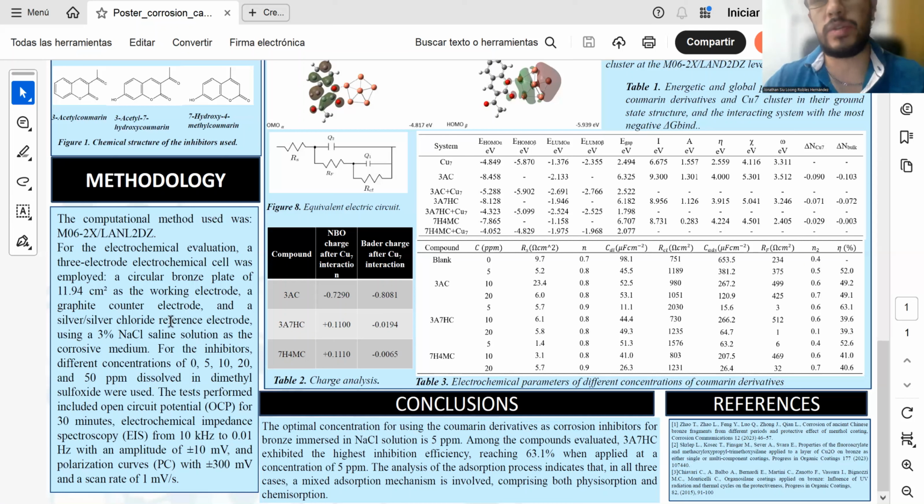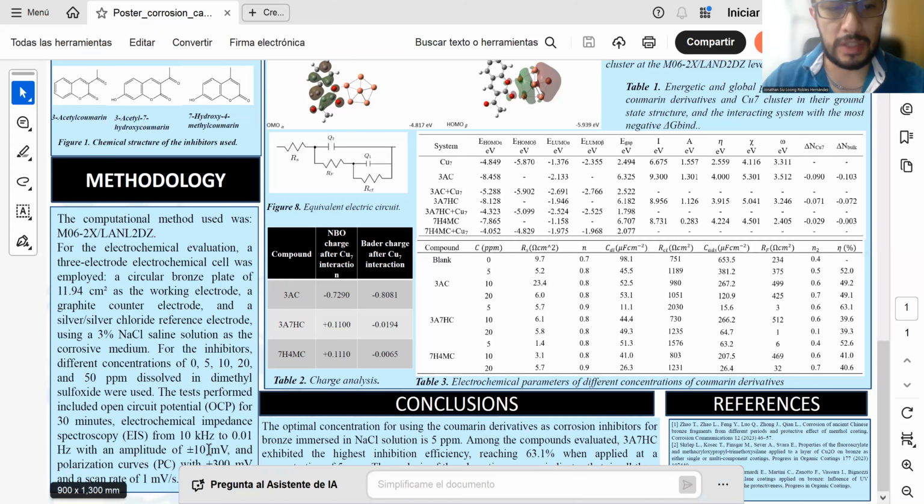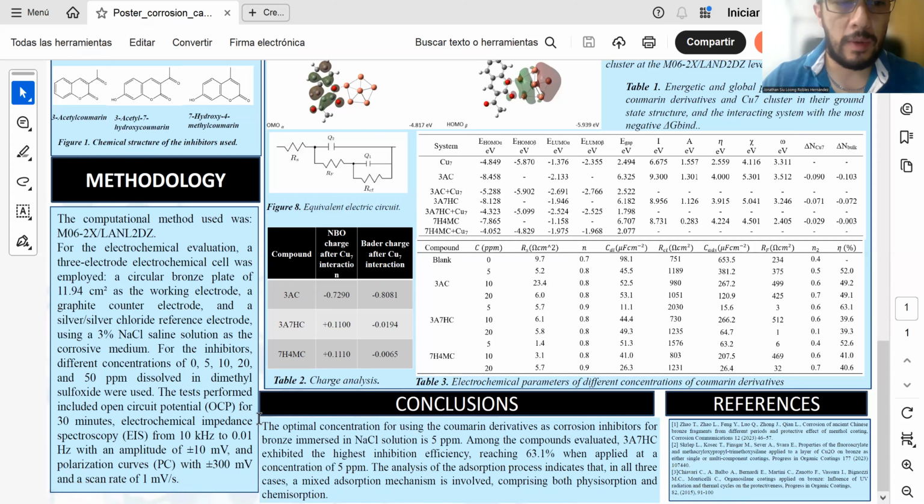A 3% saline solution was used for the experiment. And well, in this case, we obtained the open circuit potential test. We obtained the electrochemical impedance spectroscopy in this range, and well, we obtained two polarization curves.